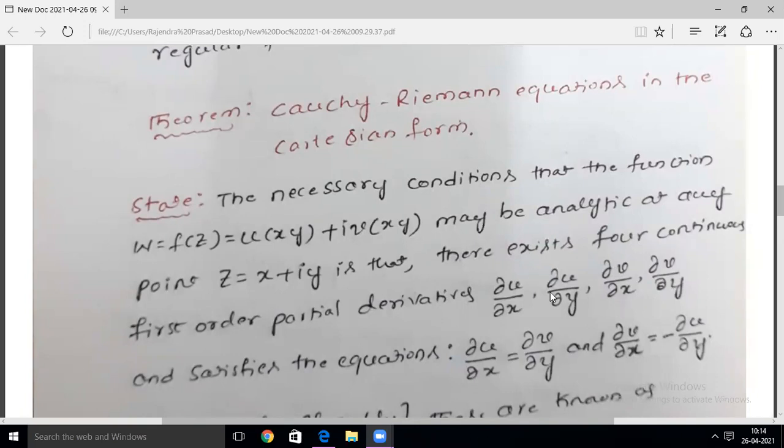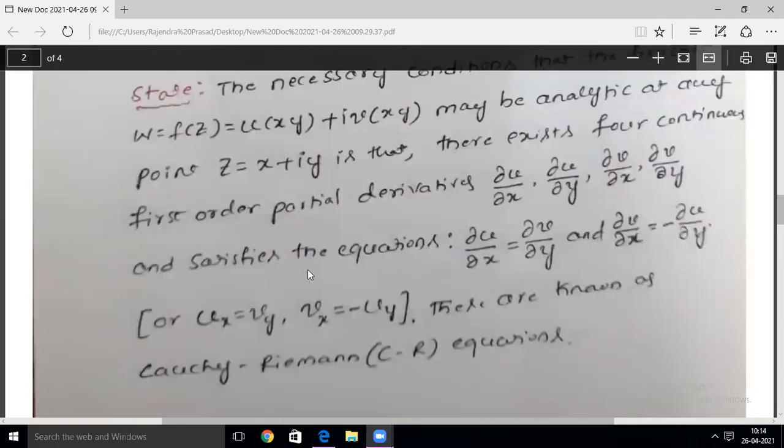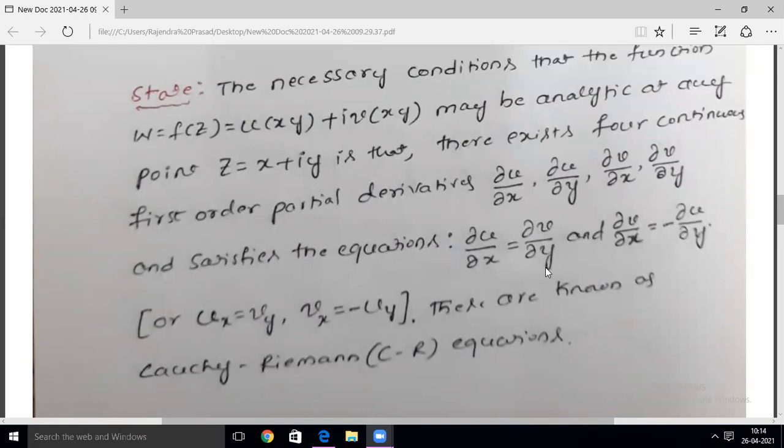So there exist four continuous first order partial derivatives, that is u function with respect to x and y, v function with respect to x and y, and satisfies the equations del u upon del x is equal to del v upon del y, and del v upon del x is equal to minus del u upon del y.